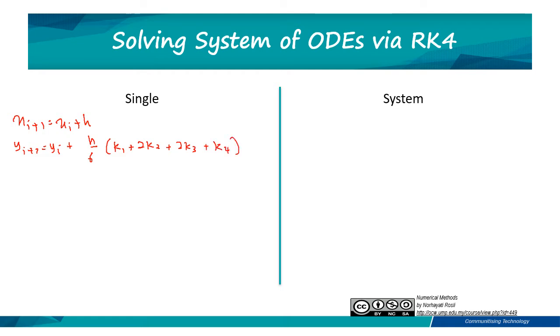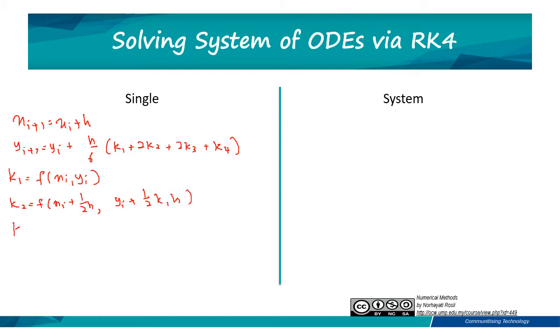And what is k1, k2, k3, k4? The formula for k1: k1 is equal to f(x_i, y_i). k2 is equal to f(x_i + h/2, y_i + k1 h/2).